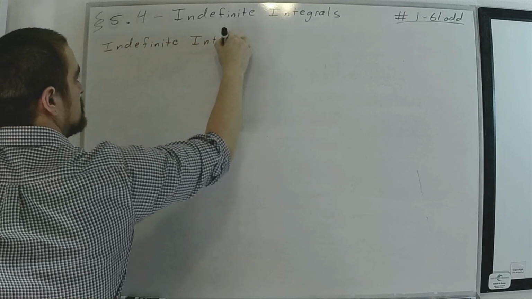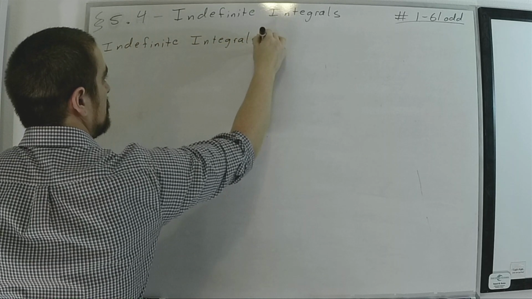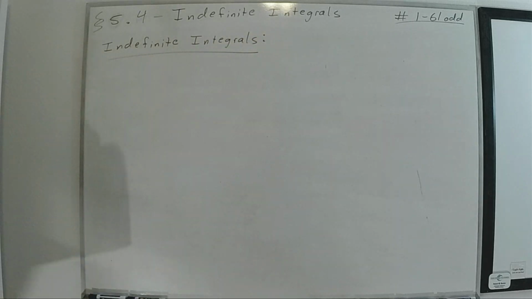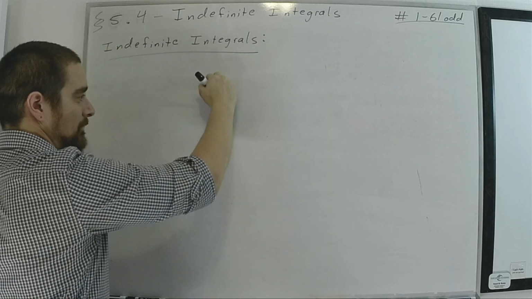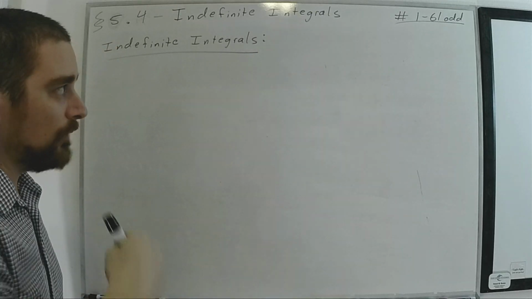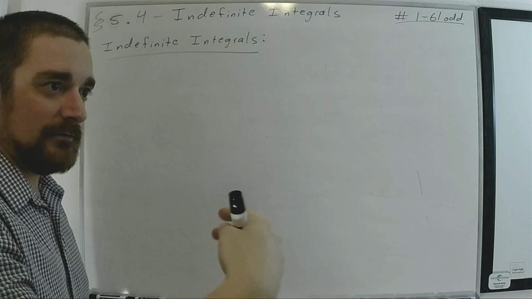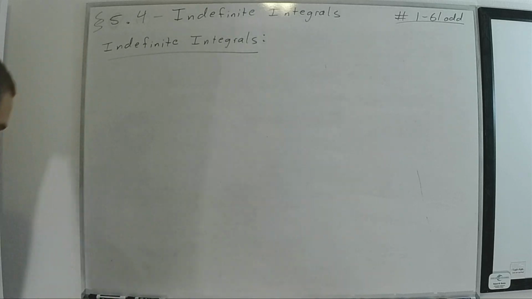indefinite integrals are different than definite integrals. When we looked at definite integrals, we had lower limits and upper limits of integration. We knew what we were plugging in. And when we looked at the fundamental theorem of calculus, we knew where to plug those in.